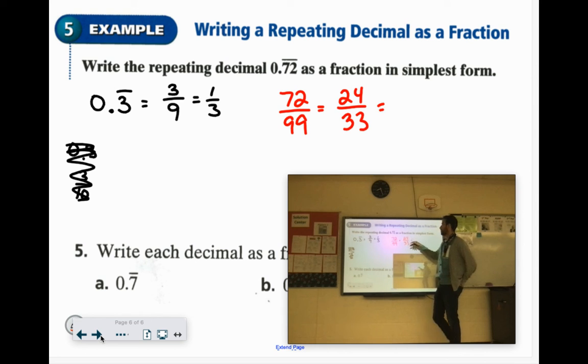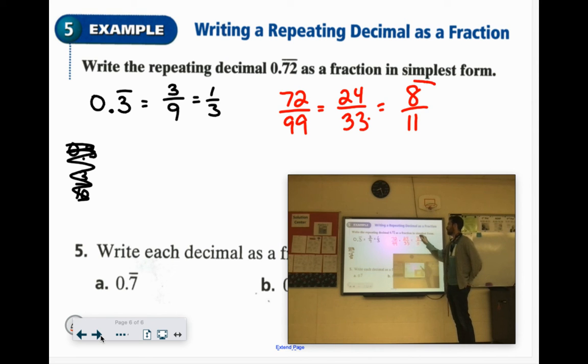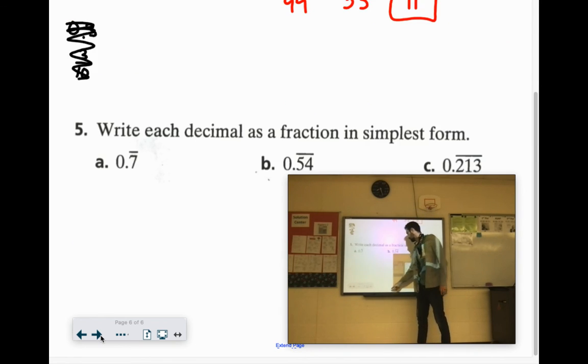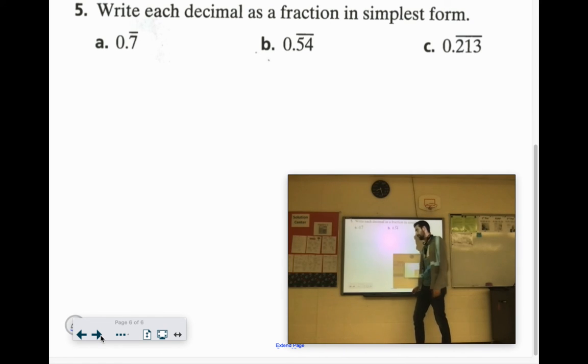And you're like, oh, well, 3 still goes into both of these. 3 goes into 24 8 times. 3 goes into 33 11 times. So 8/11ths would be our final answer. You should check it in your calculator, 8 divided by 11, and make sure it comes out to 0.72. We had that problem earlier when we were just writing the repeating decimals.